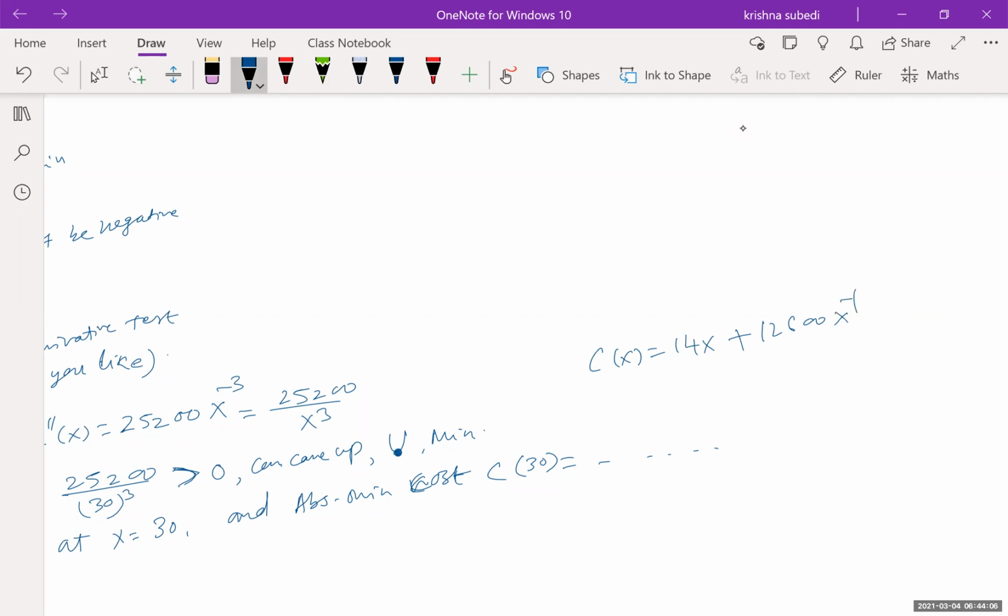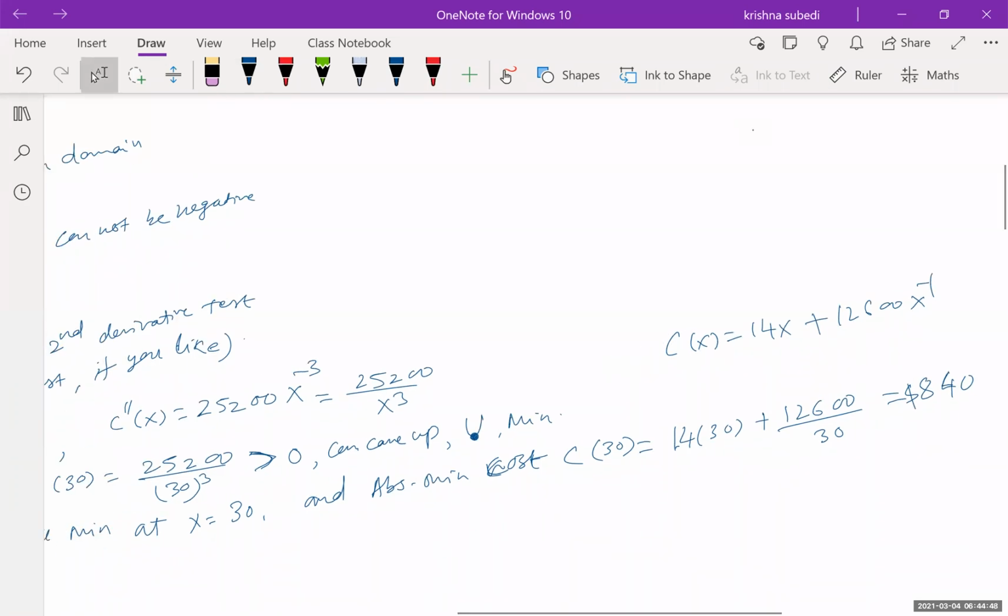That is the cost function. So if I plug in the value there, I'm going to get 14 times 30 plus 12,600 divided by 30, and that's going to give me $840.